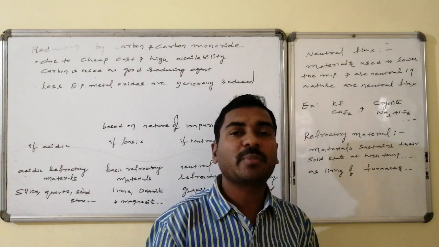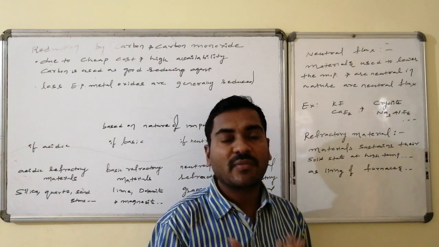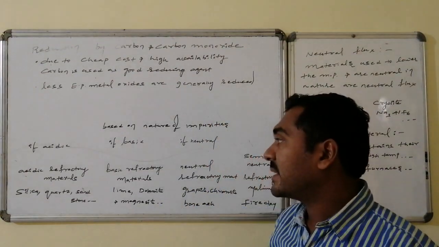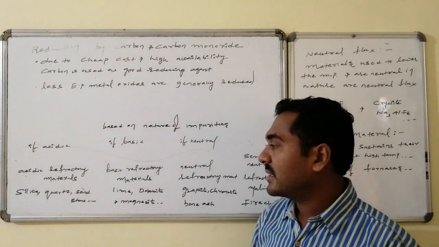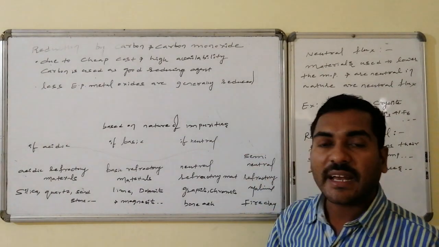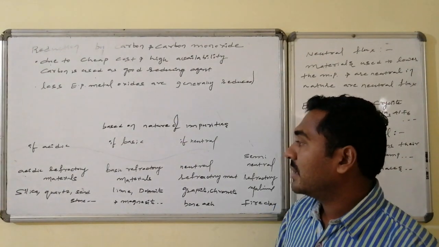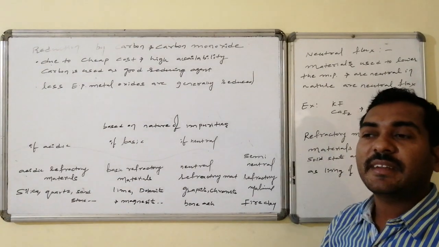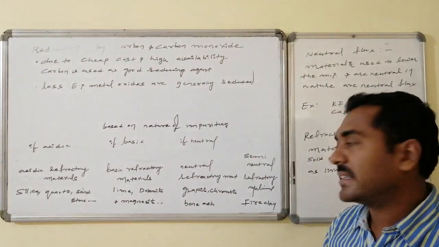Based on the impurities present in the ore, furnaces coated with suitable refractory materials are used. If it has acidic impurities, then bricks made of acidic refractory materials, that is silica, quartz, sand, stone, are used. If it has basic impurities, then refractory materials with basic properties like lime, dolomite, magnesite are used.